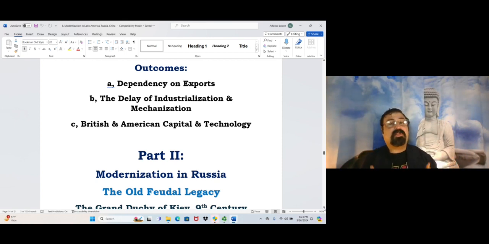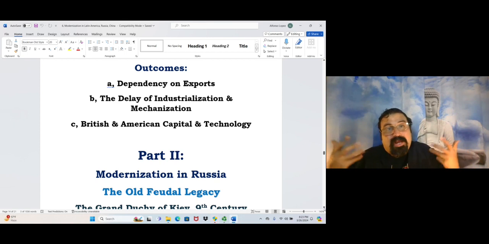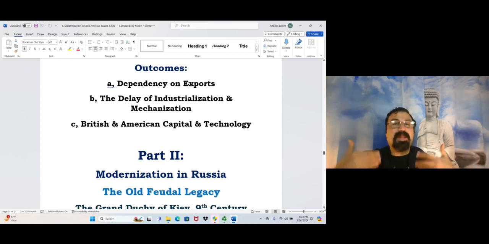They're delaying their industrialization and mechanization of production precisely because they're relying on old methods of exploitation, like debt peonage, the labor drafts that we talked about. They're using people to produce things when they could indeed bring in machinery, but they're not doing that because they have a steady supply of labor at their disposal. So they're not really mechanizing their economy at this point in the 19th century.